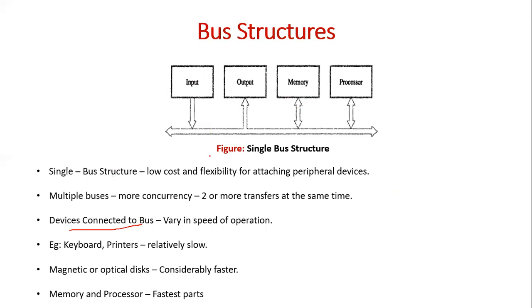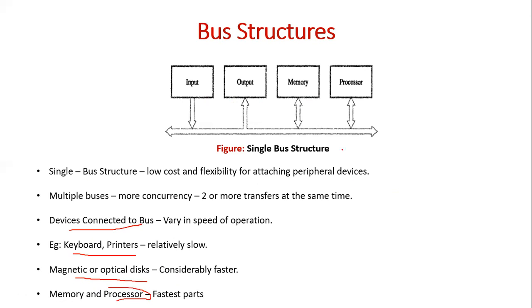In a typical system, keyboards and printers are relatively very slow. They work at a very slow speed. Devices like magnetic discs and optical discs are comparatively faster than keyboards and printers. And memory and processor are the fastest parts of a typical PC.